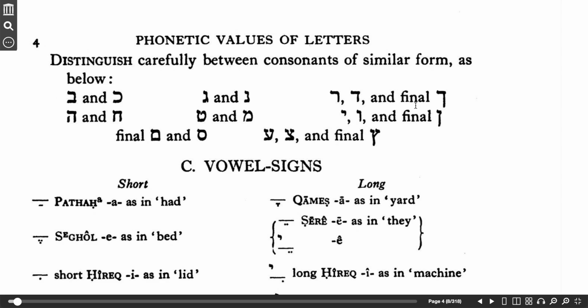So these are separate letters. They're different, but they look similar. There's ayin, there's sade, and then final sade. So you have all these letters that have similar looks to them, but you need to be able to distinguish carefully between them. They're individual letters.